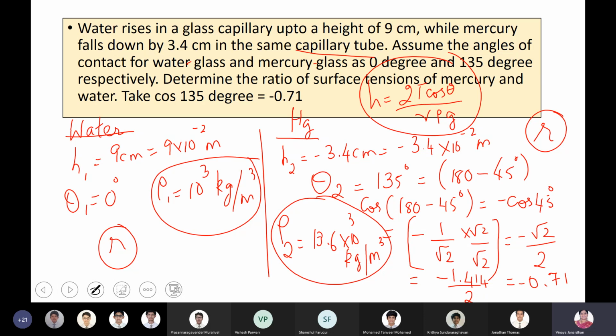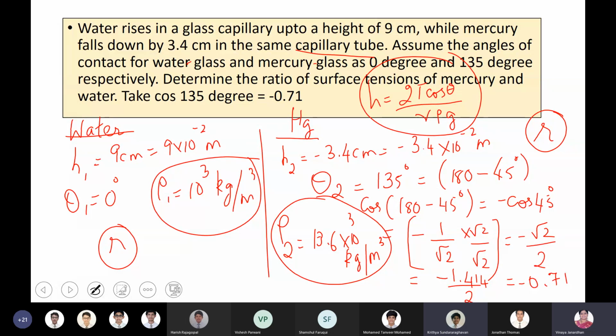I heard from Vishesh. Where is Samuel? Samuel is absent today. It looks like Sam's having some connection issues. Okay, Surya. Surya there. Kritya. Yes, ma'am. Okay, fine.